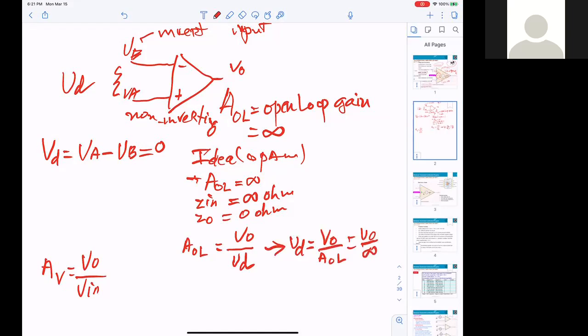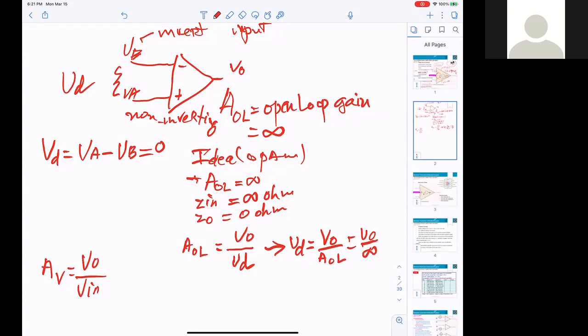There's nothing in an open loop amplifier that controls VD; there's no feedback to control VD. If you put VB and VA into the amplifier without feedback, VD is VB minus VA and V out will be what it is. By definition VD equals VA minus VB, and without feedback there's no control on the difference.